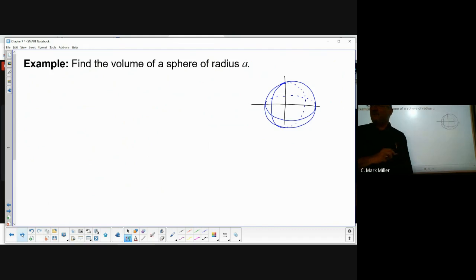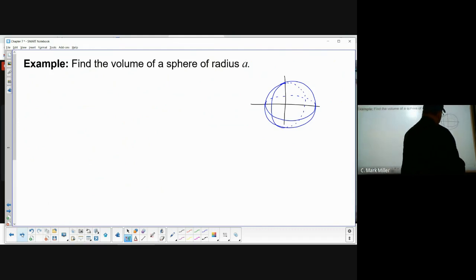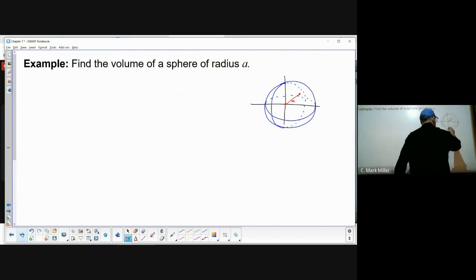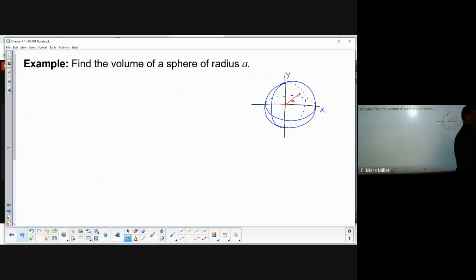It's a nice sphere. Don't you think so? I think so. All right. And the radius is A. So the radius starts there, goes out to the surface, and that distance is A. And so we have here the x-axis, y-axis. How can I represent that as a rotated solid?